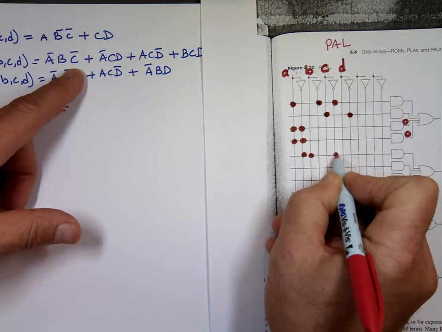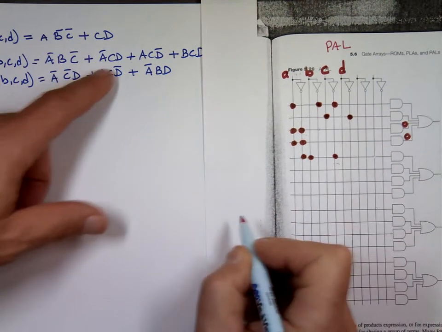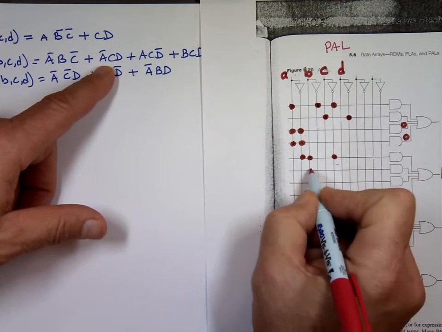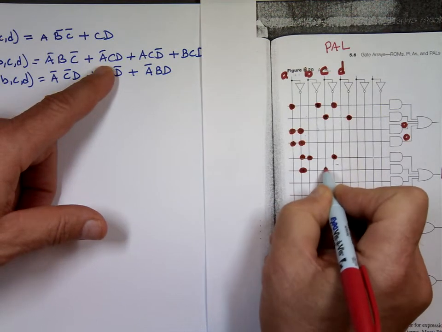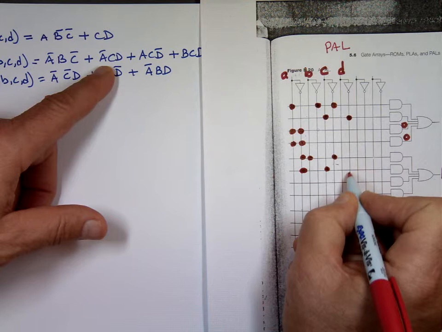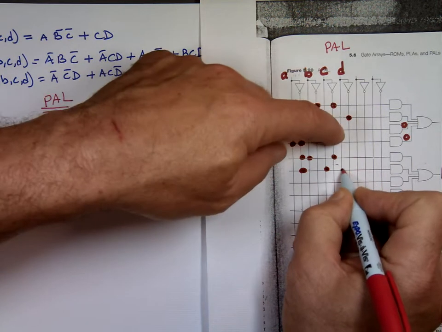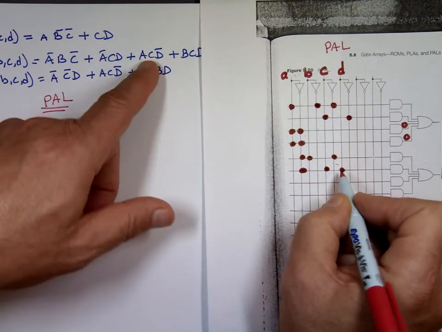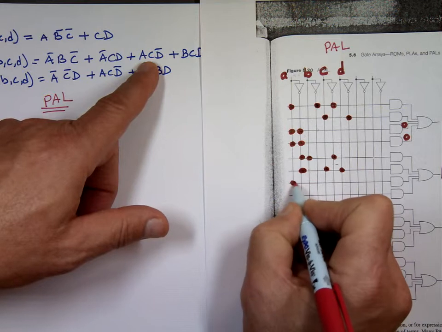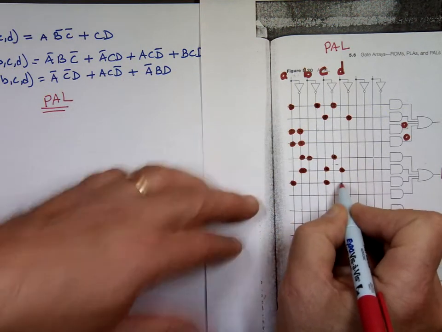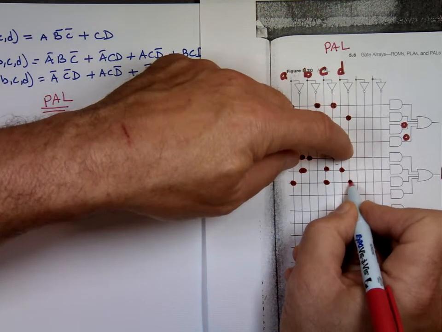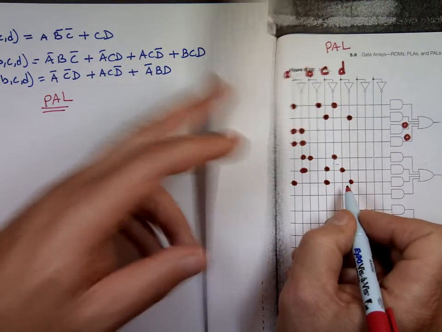Just knowing where each one is, just to make sure your eye stays focused. The second one, A naught, C, and D. Which one is D? This one. The next one, A, C, and D naught. And the last one, B, C, and D.